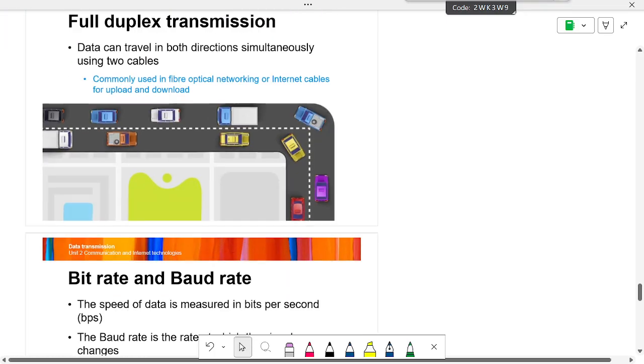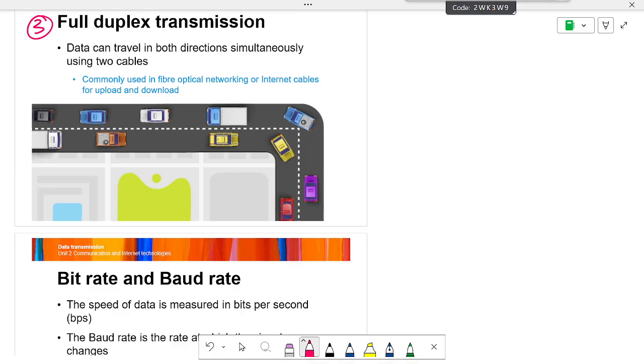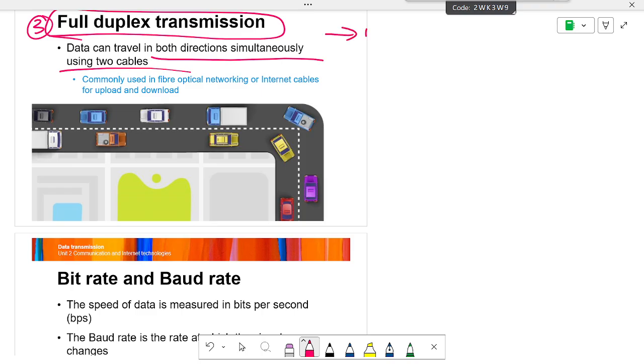Okay, now the last one right here. This is number 3. In your notes, you're taking good notes, right? In your notebook. Full duplex, data can travel in both directions at the same time using 2 cables. This is an example of my USB, okay? USB is an example of this, where I have a TX transmission, okay?